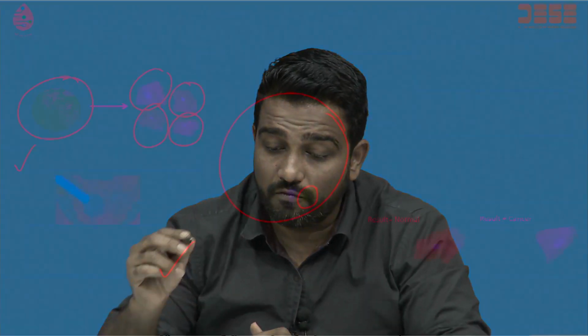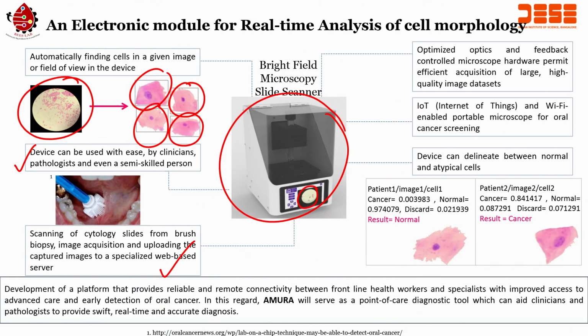So, it is nothing but a bright field microscope integrated with image processing algorithms and machine learning algorithms, very basic machine learning algorithms, to identify atypical cells from the normal cells using morphological analysis. Another advantage is that the optimized optics and feedback control microscope hardware permit efficient acquisition of large high quality images.